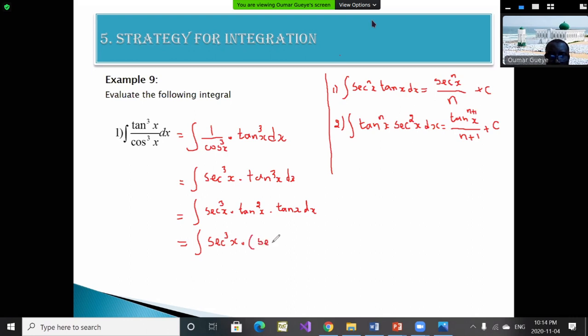We've seen this formula like 2 or 3 weeks ago. It's one of the list that I gave you, secant square x minus 1, times tan.